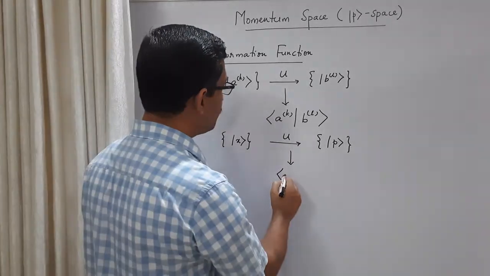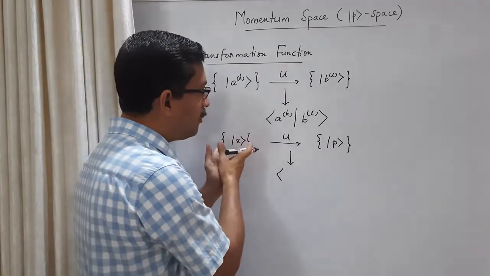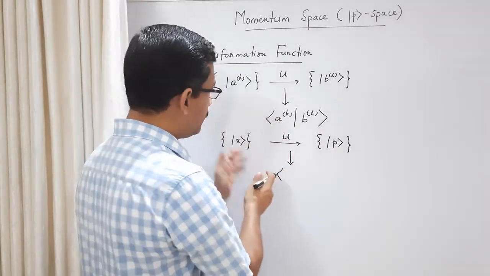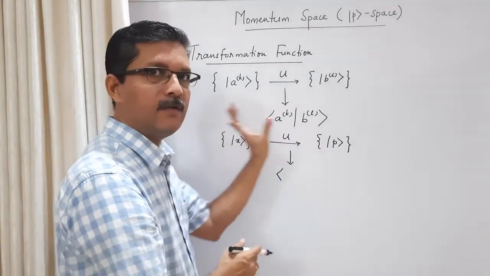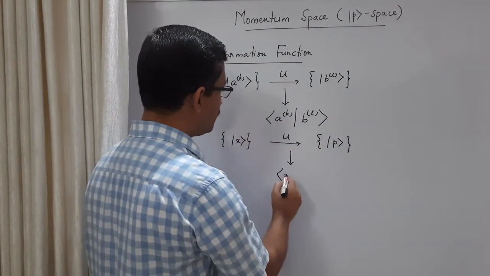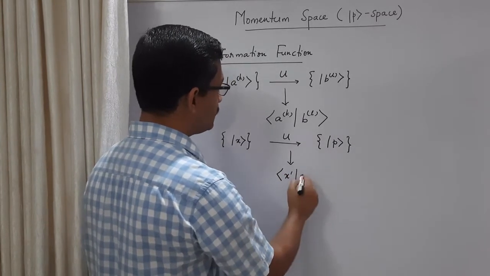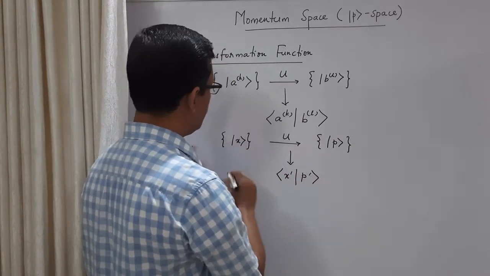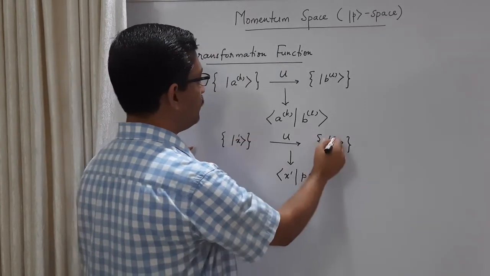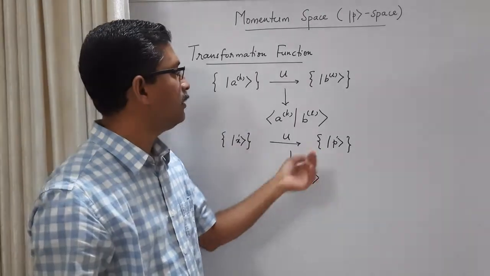If you want the change of basis from the position base ket to the momentum base ket, then the old base ket is the position base ket, the new base ket is the momentum base ket, and the inner product has, on the bra vector side, the old base ket x prime, and on the ket vector side, the new base ket p prime. So these base kets are labeled as ket x prime and ket p prime.